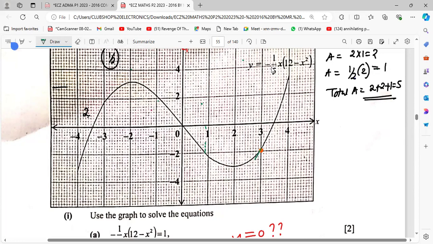With a ruler, of course, I'm just using freehand. You can draw a line like that. It has to be a straight line with a ruler, of course. Is that okay?